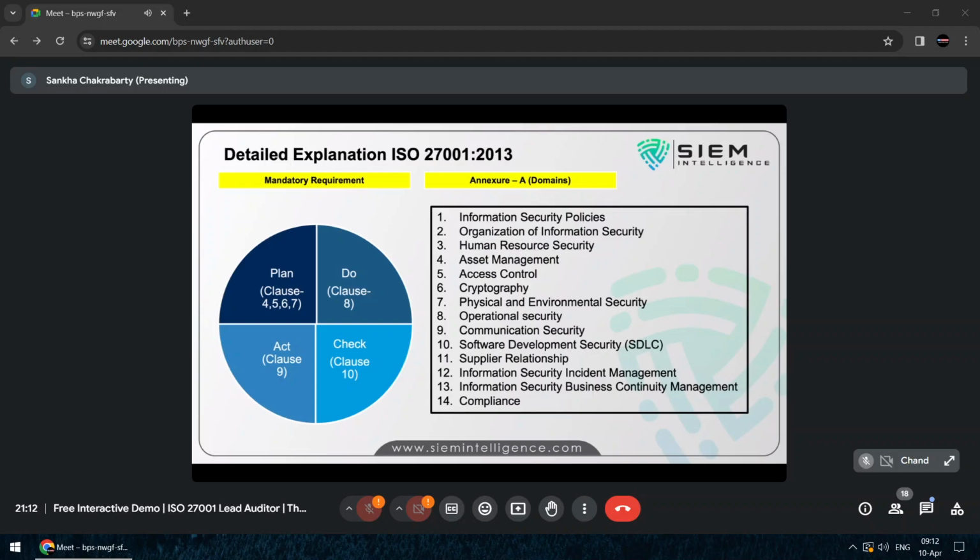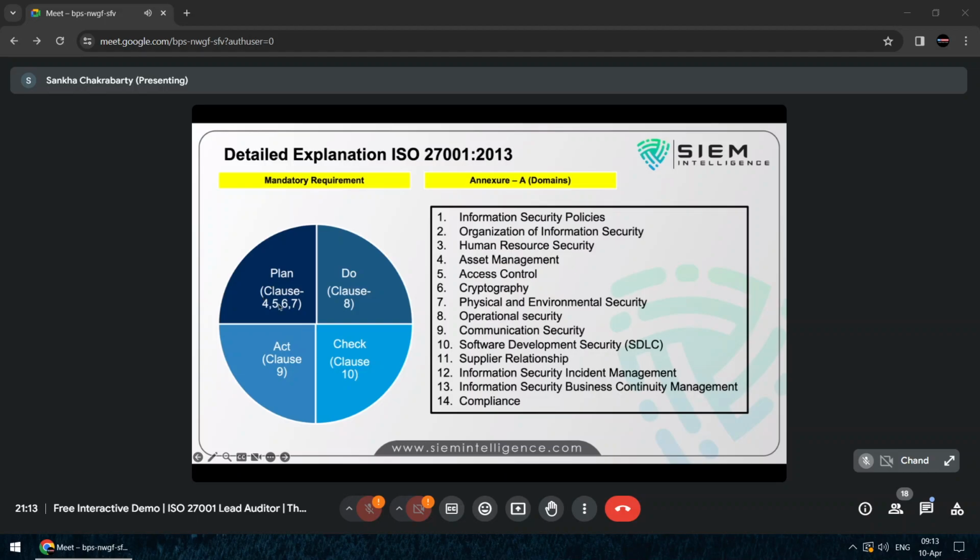In ISO 27001:2013, in total there are 10 clauses, of which clauses 4 to 10 are mandatory. Clauses 1, 2, 3 basically talk about the introduction, the normative references, and the terminologies. Clauses 4 to 10, which are the seven clauses, are the mandatory clauses, and they follow the PDCA cycle: plan, do, check, and act.